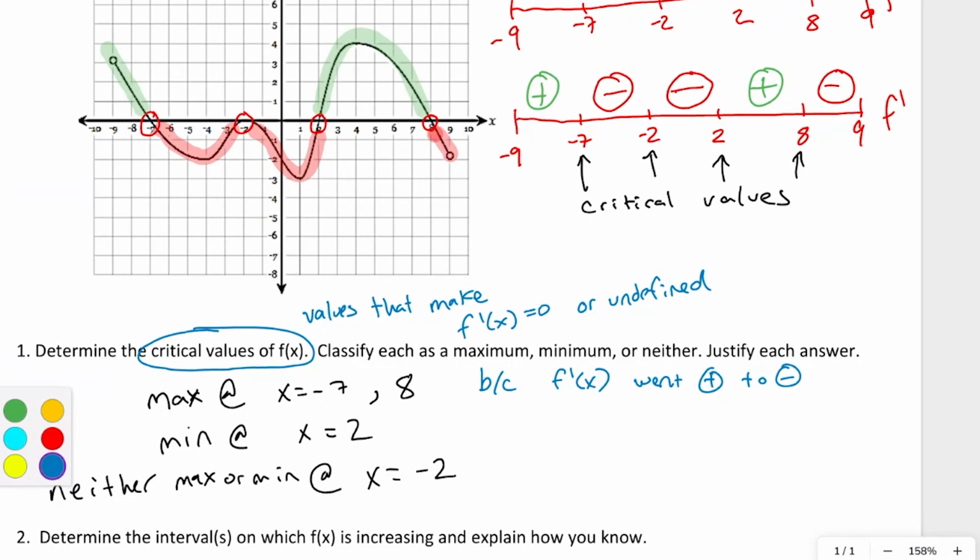Similarly, we know that there's a minimum at 2 because the derivative went from negative to positive. We know that at -2, even though there's a critical value, it's not a max or a min because the sign of f prime didn't change.